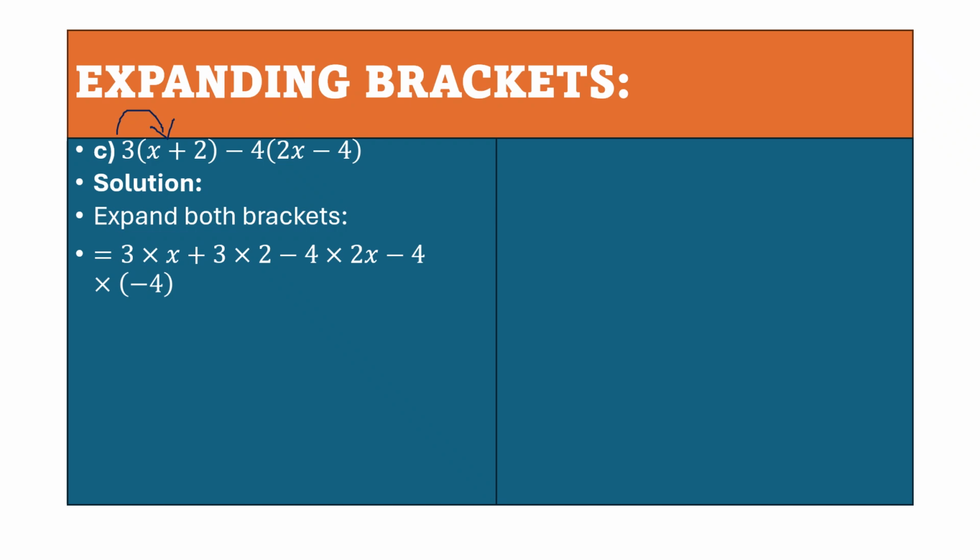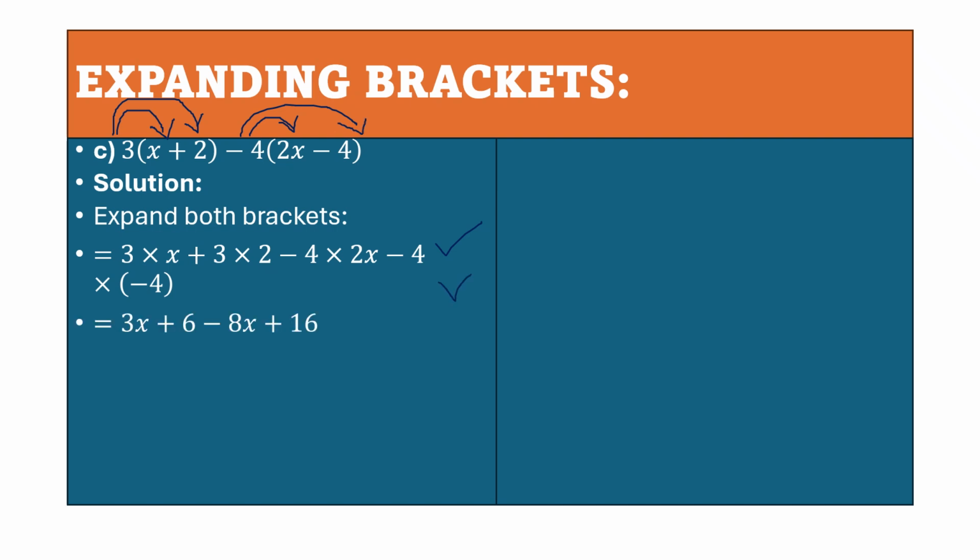So 3 into x plus 3 into 2. So you can see here. Then likewise, same thing. The number which is outside is minus 4 multiplied with the number which is inside, that is 2x. Then again minus 4 into minus 4. So you have to write like this.